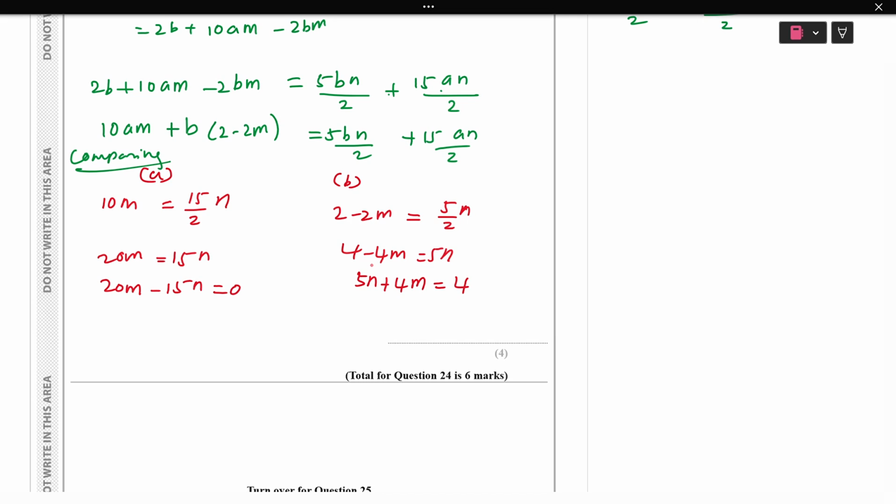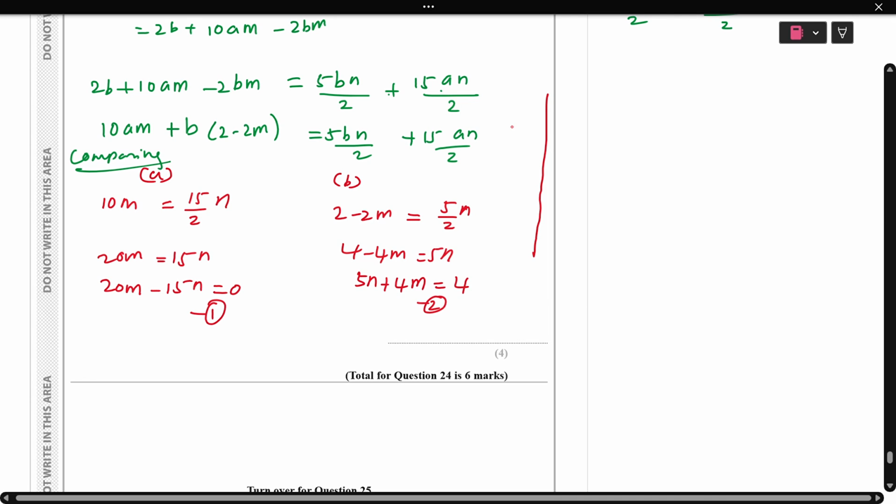It's a simultaneous equation. This is equation 1 and this is equation 2. First I'll write equation 1: 20m minus 15n equal to 0.